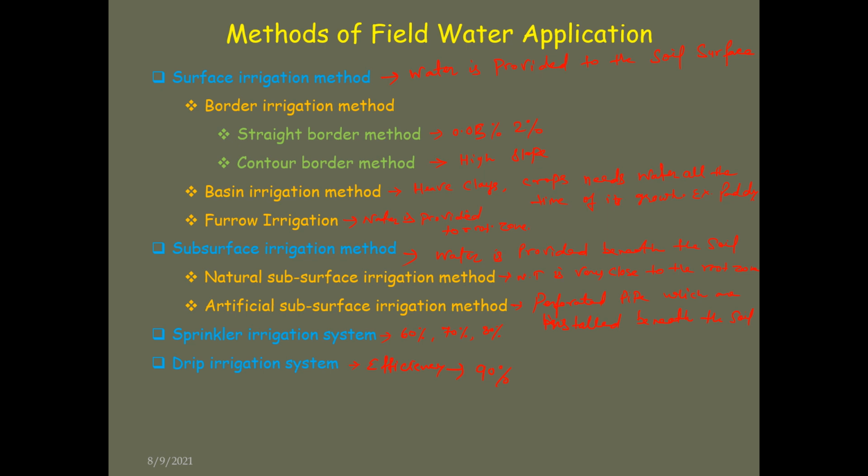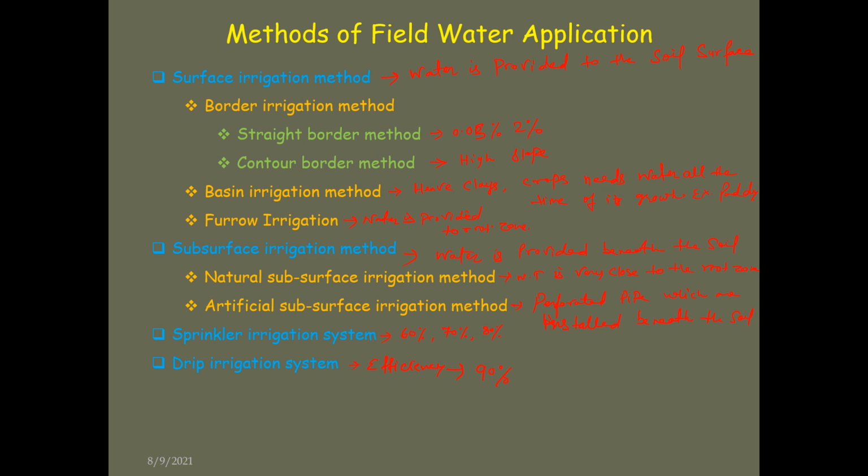The ultimate goal of an irrigation project or field water application is to provide water to the crops so that the crops can flourish well and yield the maximum output. Whatever hydraulic structure we are designing, on a large scale or a small scale, the ultimate goal is to provide water to the crops.